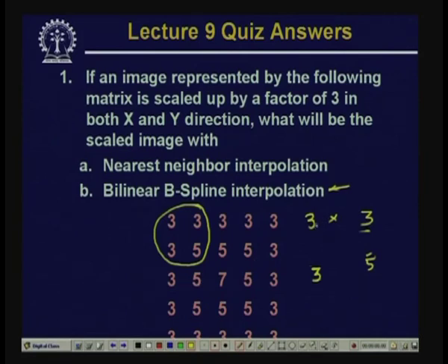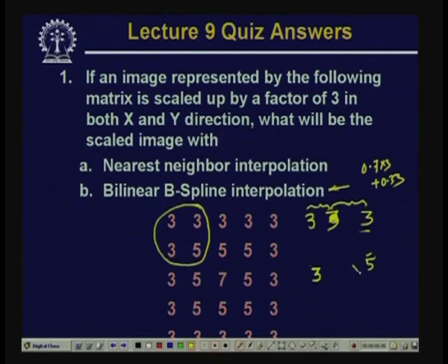Each gets a weightage given by the distance of this pixel from this particular point. So, this particular point will be filled up by a value equal to 0.7 times 3 plus 0.3 times 3, which in this particular case is also equal to 3.